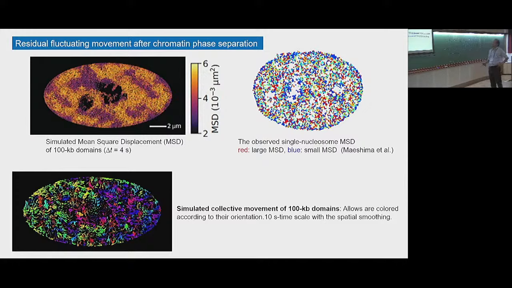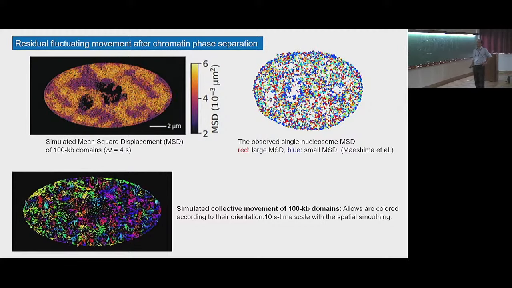And inside the nucleus, we have a heterogeneous distribution of the movement. This is the plot of the calculated mean square displacement for 4 seconds. And this should correspond to the MSD, mean square displacement, measured by Shima's group. So that movement is slow near the nuclear periphery or nucleolus.